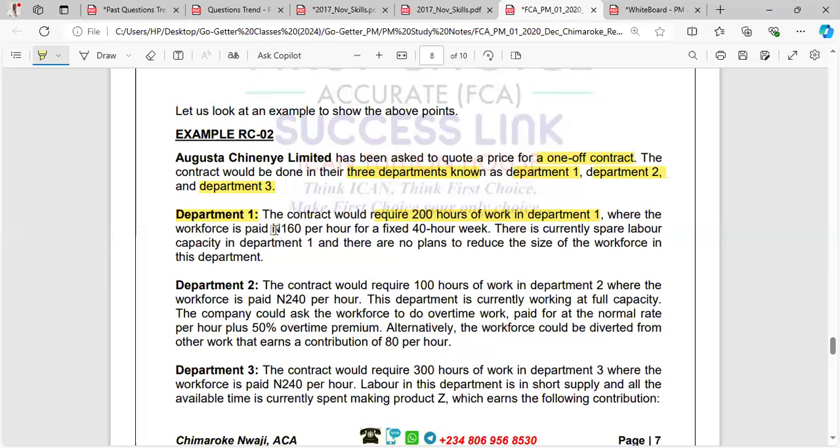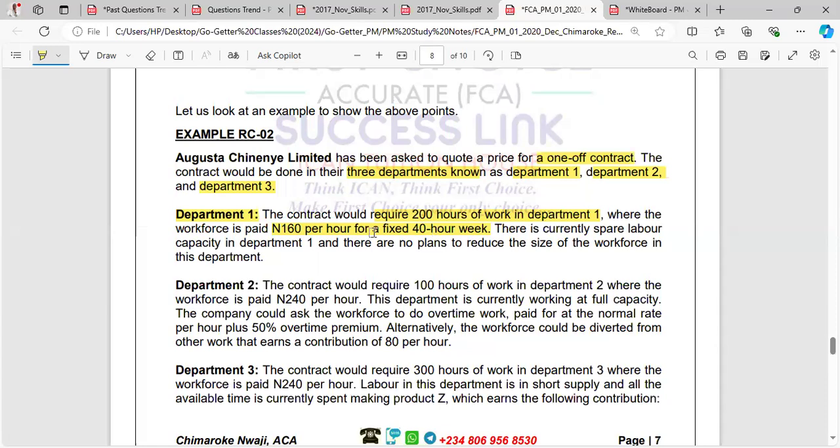Now, what does this say? This is a salary. They have 160 naira for a fixed 40-hour week. So it is fixed. Sometimes you can hear them say guaranteed 40 hours. So whether you work up to 40 hours or not, you'll be paid this amount. Now, there are two ways you could know whether there is a permanent employment.